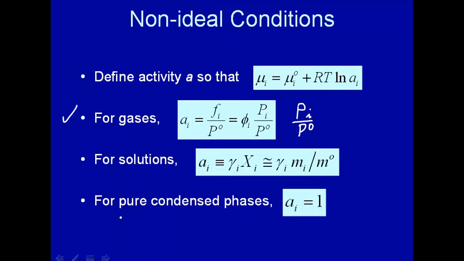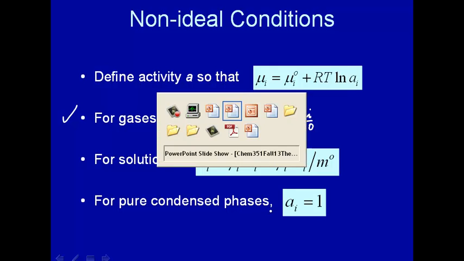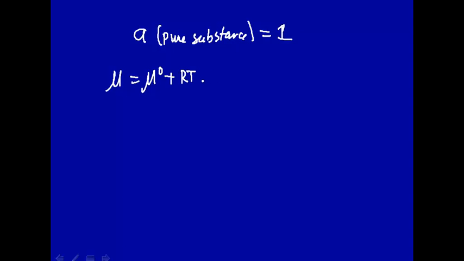And now for pure condensed phases, the activity is equal to 1. The activity of a pure phase, or pure substance, is equal to 1. What does that mean? The chemical potential of that substance will be equal to the standard state chemical potential plus RT times the natural log of the activity.